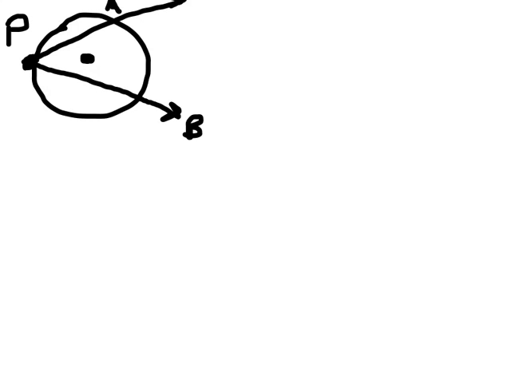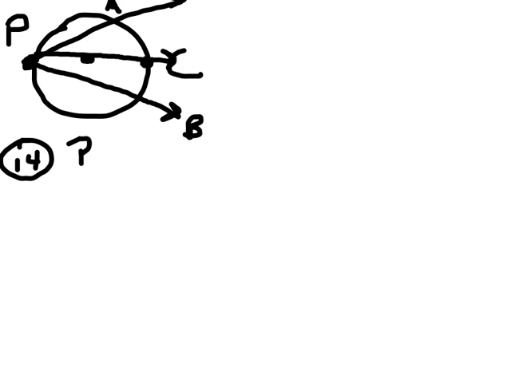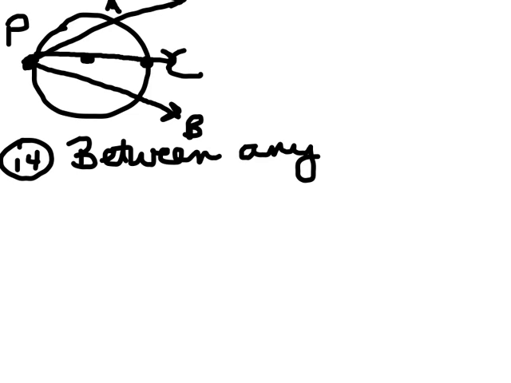It says draw PO intersecting the circle at C. Okay, so I can draw that in, right? Why can I draw that in? What would be the reason that it's okay to draw that? It's that itty bitty thinking again.